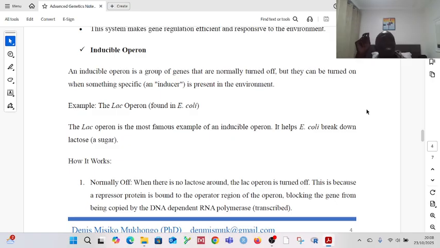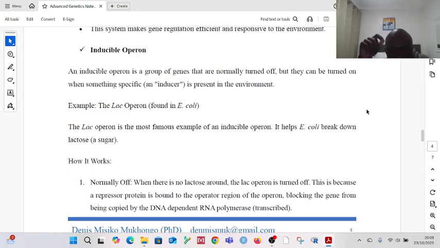So how does this lac operon work? Because it is an inducible operon, it is normally off. When there is no lactose around, there is no need for the lac operon to be on. This is because a repressor protein is bound to the operator region of the operon.